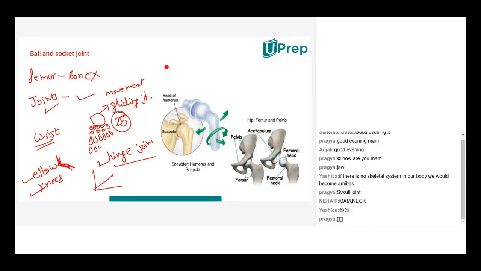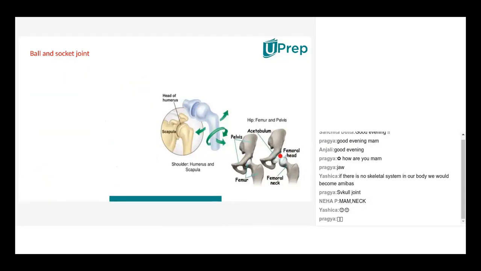And ball and socket, for example, this is the socket, this is the ball, right? This will give a nice rotatory motion. So this actually gives free movement. This joint gives us a free movement, correct? So that is about joints.